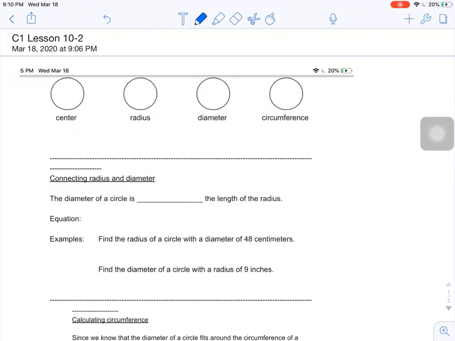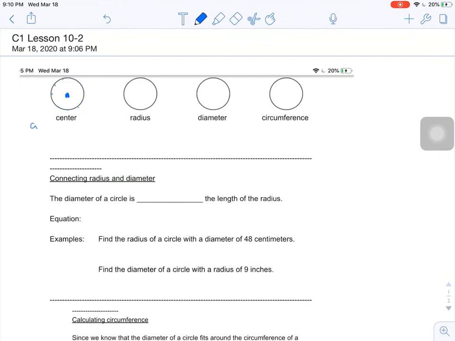The center of the circle, we learned, is right in the middle of the circle. The thing that's special about the center is that all of the edges of the circle are the same distance away from the center. So we can make a note about that on the bottom. That's how we know where the center is.